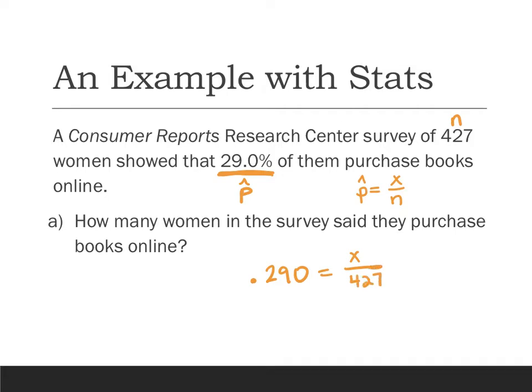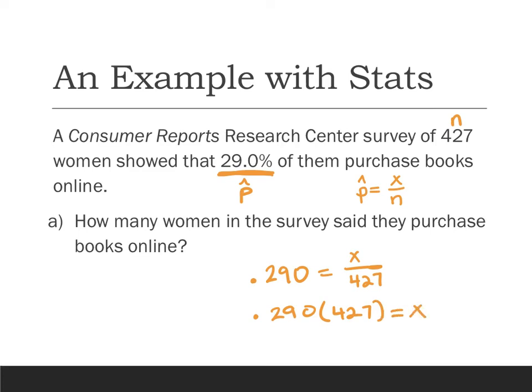And so what would I normally do to figure out what x is? Hopefully you are telling me, if not out loud, at least in your head, you're saying, I would multiply both sides by 427.